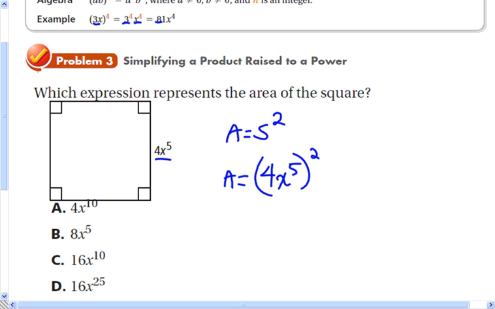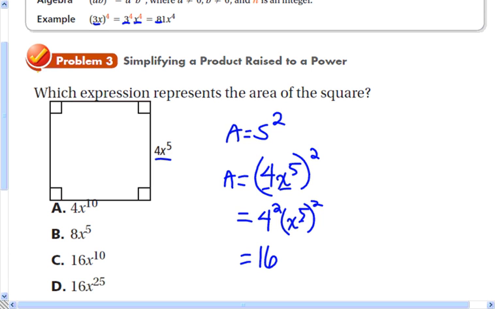And now we have a power to a power, and we also have two things inside the parentheses that need to have that power of 2 distributed. So we're going to do that. We get 4 to the 2nd, and then we have x to the 5th that we need to raise to the 2nd power also. 4 to the 2nd is just 16.